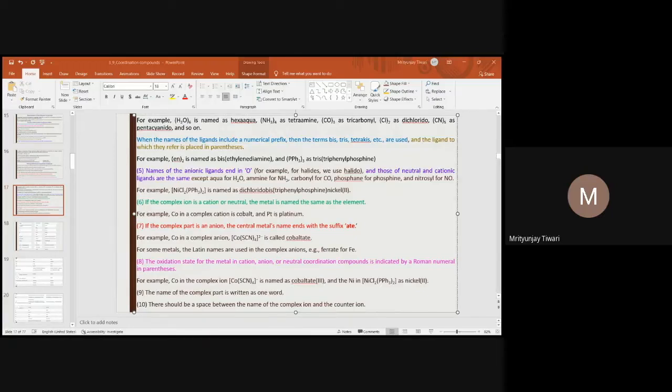This is acetylacetonato. Acetylacetone: if you remember acetylacetone, and if you just remove one proton from there, it will become acetylacetonato. So just remove one proton from this active methylene group of acetylacetone, and there will be a negative charge.